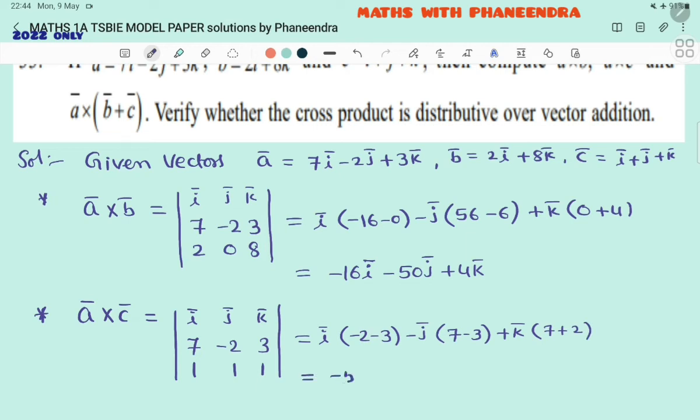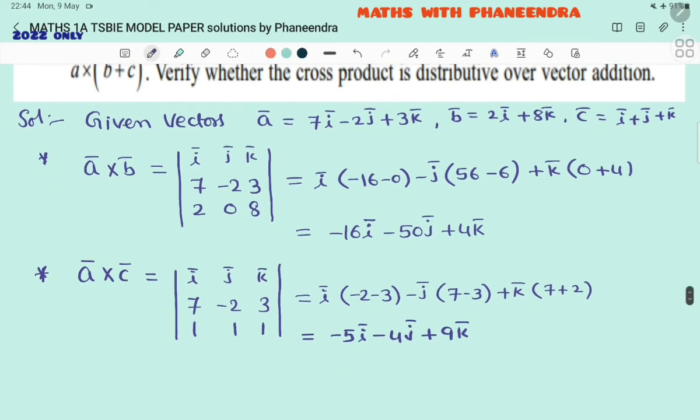So minus 5i, minus 4j, plus 9k. A bar cross C bar also over.